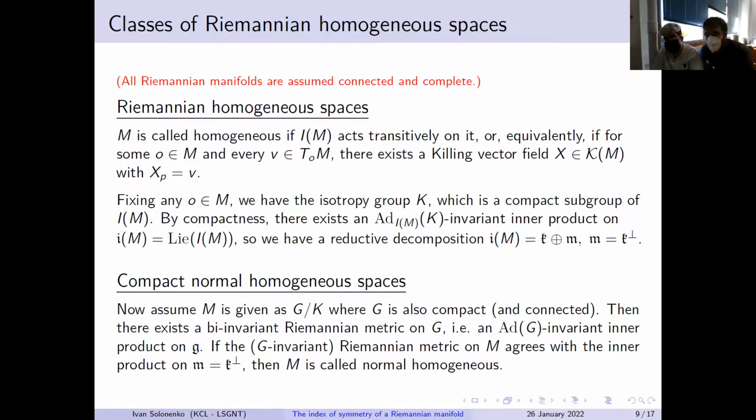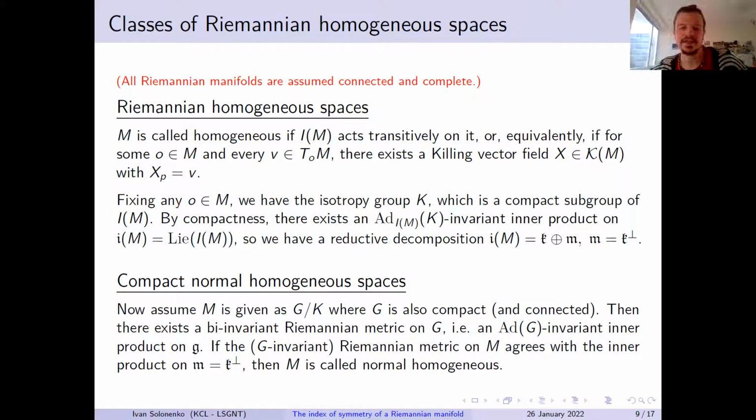Well, I didn't understand. When you mean non-compact normal homogeneous, you mean that the metric is not Riemannian anymore, or what do you mean? Or maybe you mean by non-compact that they are abelian. Sorry, that they are flat.